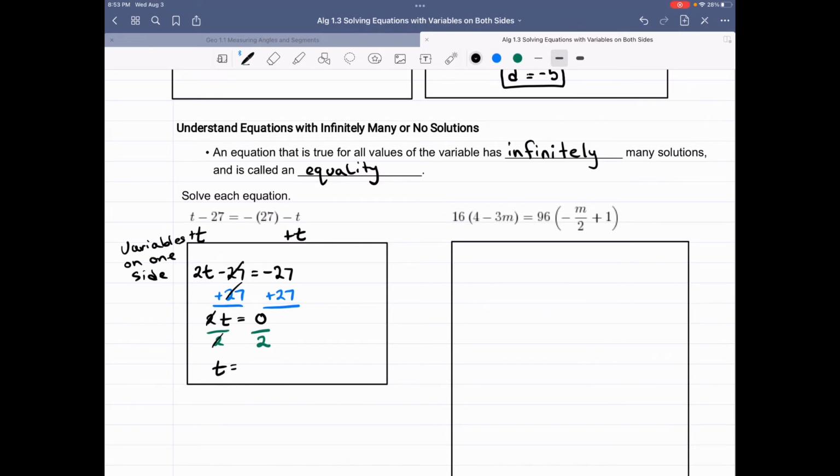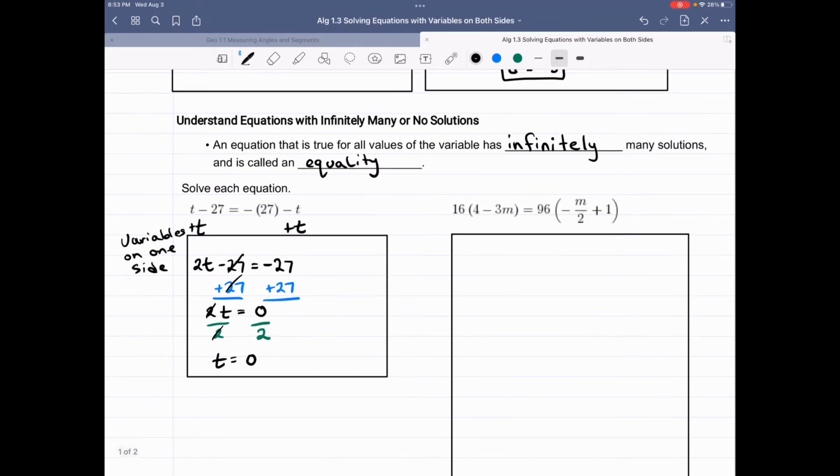T equals 0 divided by 2 is 0. So that would not be an equality because the only time that this is true is if t equals 0. Right? Because the only time that negative 27 would equal negative 27 is when t is 0.